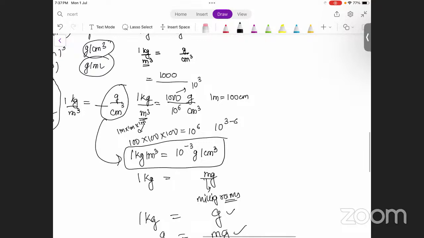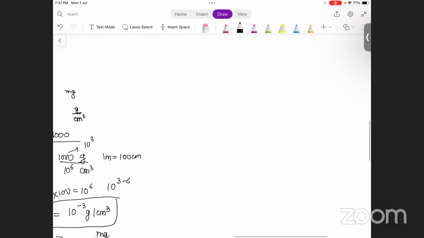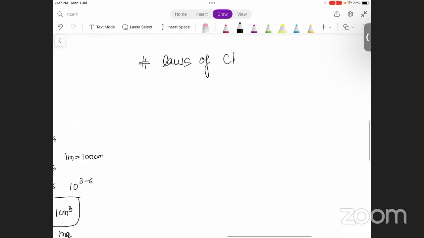Now, let's focus on the next topic that we will be learning today. After learning about matter and the international system of units, and the basic things, and how to convert one unit to the other so that we can handle the numericals with ease, what we have to learn about now is the laws of chemical combination.